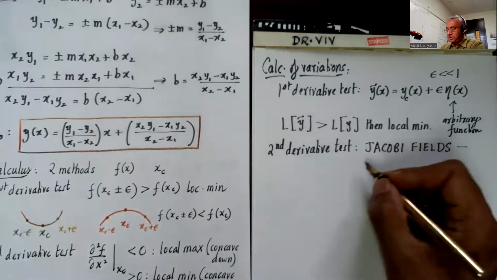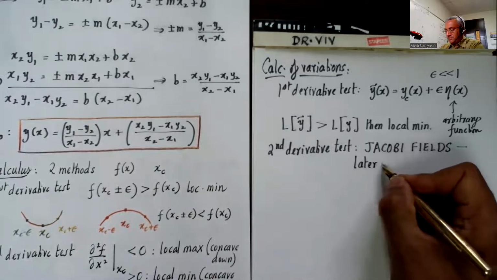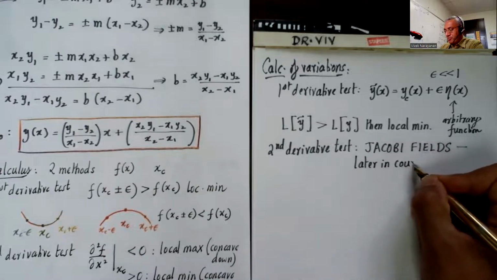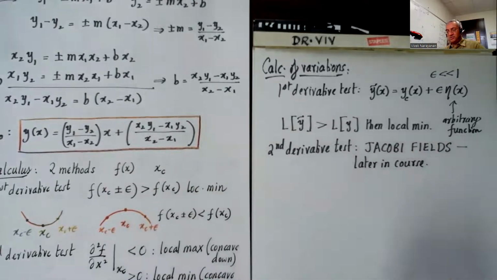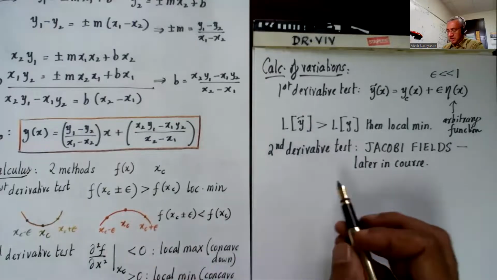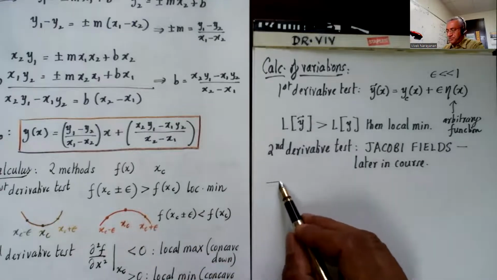And we'll encounter these later in the course. I'm thinking in the video numbers 20s, some late 20s, we'll talk about the Hamilton-Jacobi equation and applications thereof. So it's all coming from calculus of variations.